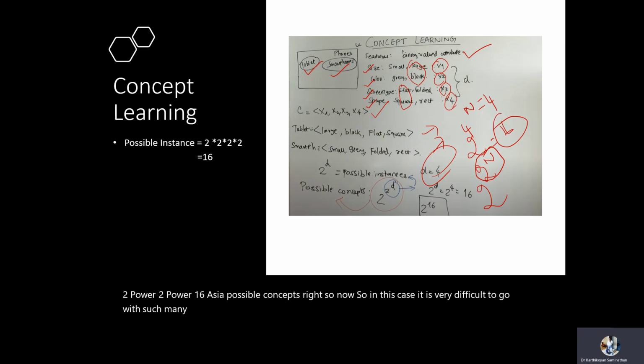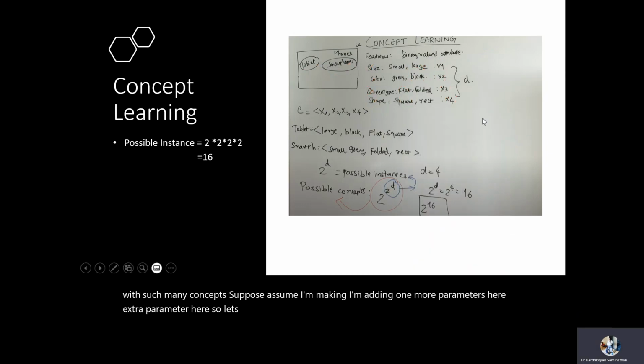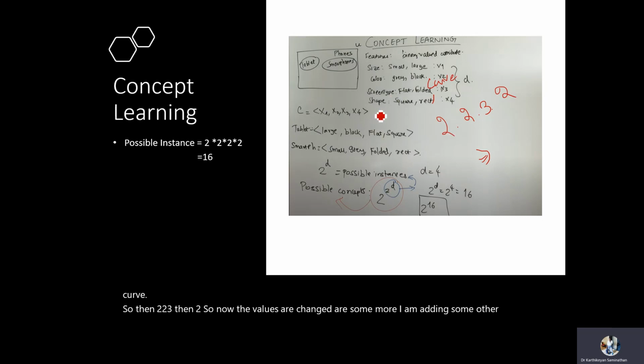Suppose I add one more parameter. Instead of flat and folded, I add curve, so the values change. Or I add some other size, screen type, or shape.